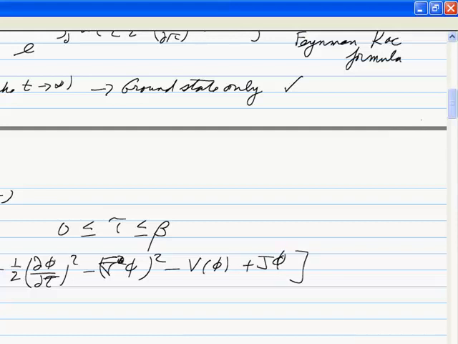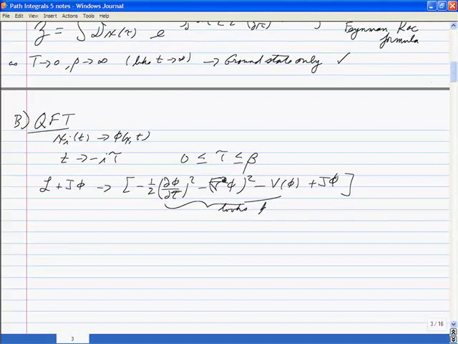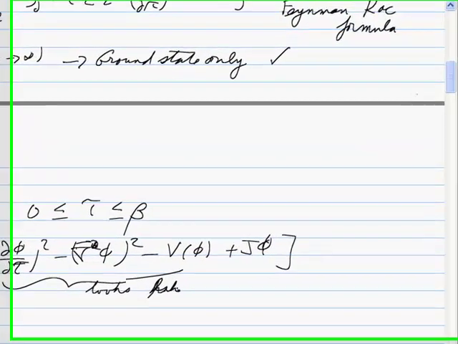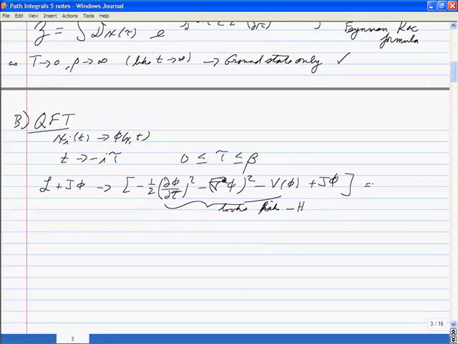So as you see, all these pieces here, this is d by d tau, that looks just like the Hamiltonian, right? That looks like minus h. And so we would write this as minus, well, you could write it as h, or let's just call it L Euclidean minus j phi.